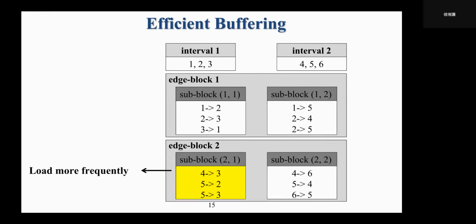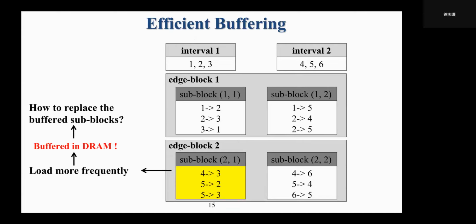And subblocks like subblock 21 are loaded more frequently than other subblocks, since they cannot support cross-iteration vertex updating and need to be loaded in all iterations. It provides us an opportunity to further reduce this I/O by buffering these subblocks in DRAM. However, there may not be enough memory to cache all these subblocks, especially for very large graphs.